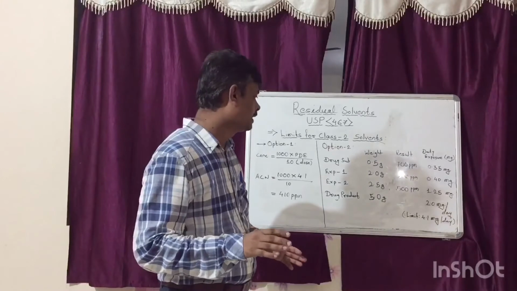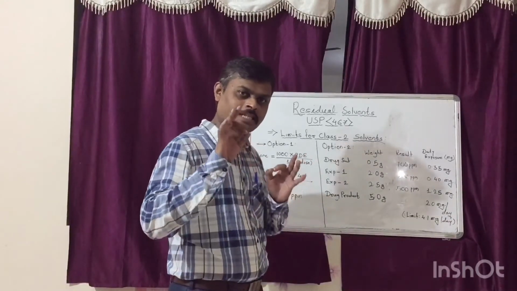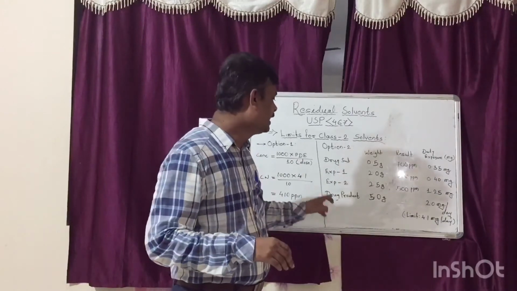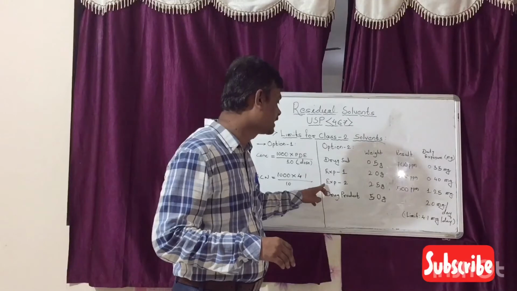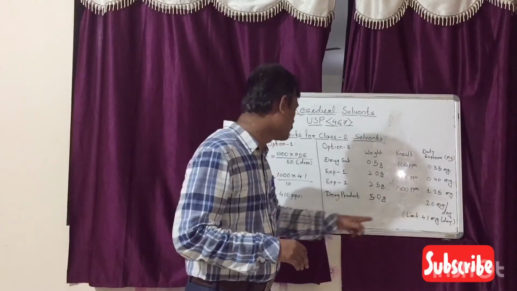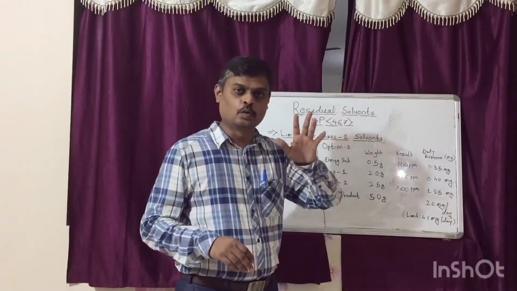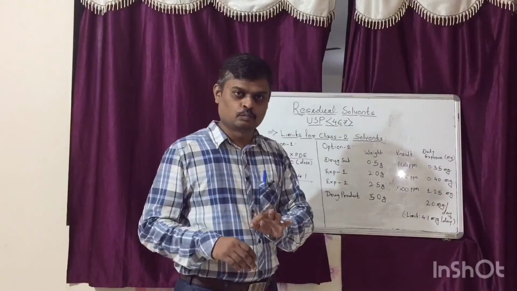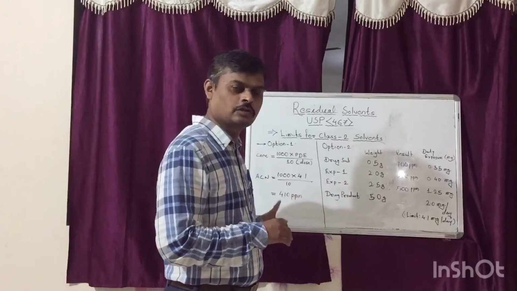If the amount of acetonitrile, that is the result of acetonitrile in each component, that is drug substance, excipient 1 and excipient 2, is less than option 1 limit, that is 410 ppm, then there is no requirement to analyze the drug product for residual solvent.